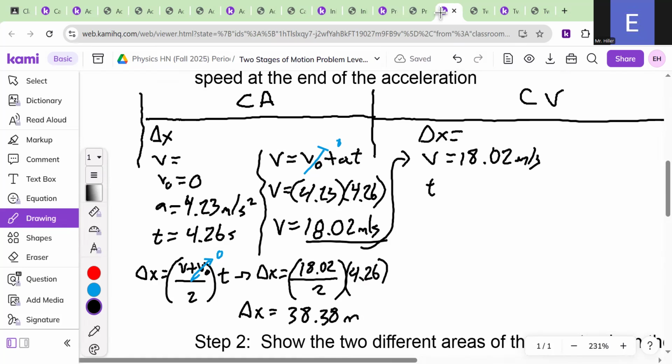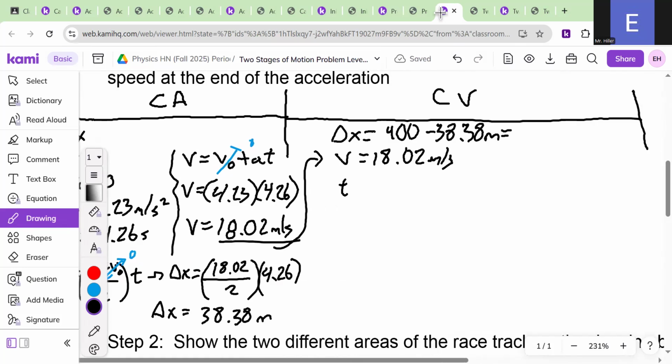Now remember, this was a 400-meter race. That means the rest of the displacement is going to be 400 minus that value, whatever you got. So 400 minus, in my case, 38.38, and the rest of my displacement is 361.62. Now we're going to use that to solve for time. That's pretty easy because v equals delta x over t.